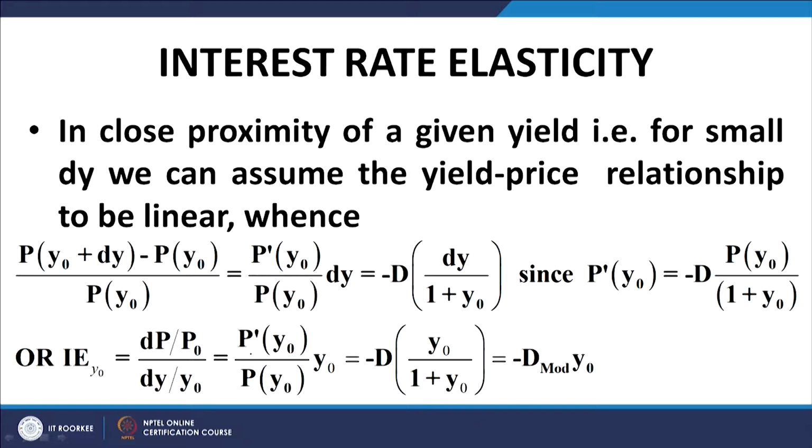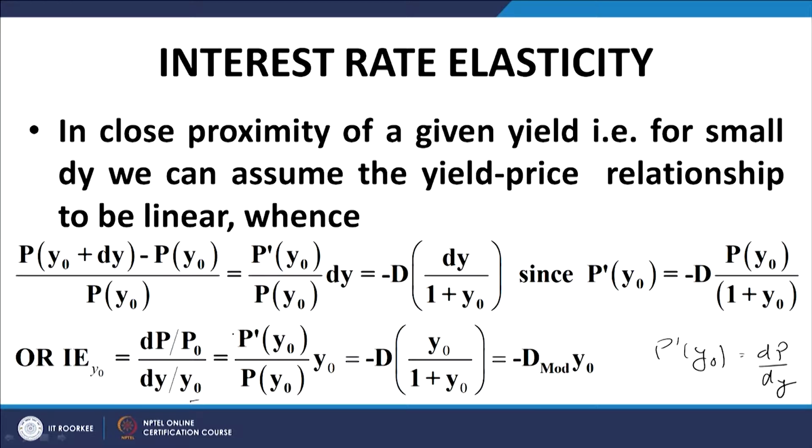Simplifying this, we get p dash of y0, because p dash of y0 is dP upon dy. So, dP upon dy is captured by p dash of y0. This P0 is nothing but P of y0, multiplied by y0.